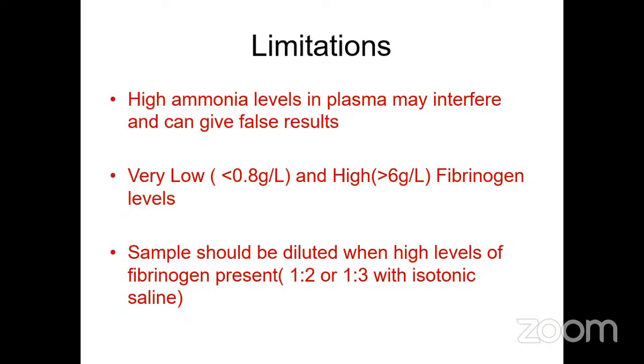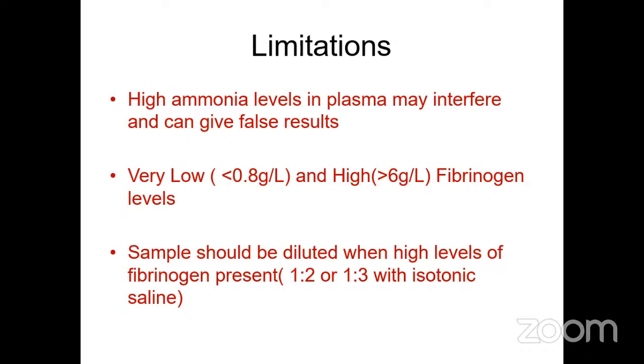Limitations. As we discussed in the principle, the final test result is obtained based on ammonia levels. So if any patient has high ammonia levels in the plasma sample, it may give false results. Fibrinogen also interferes in the result.